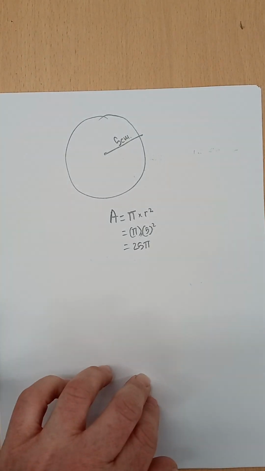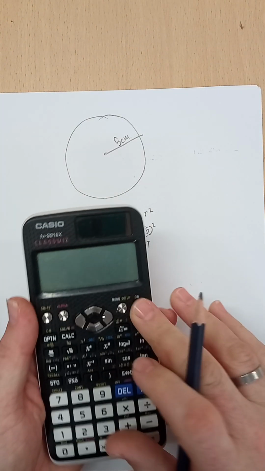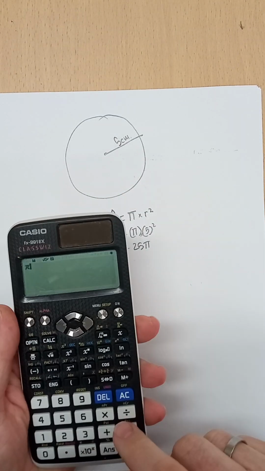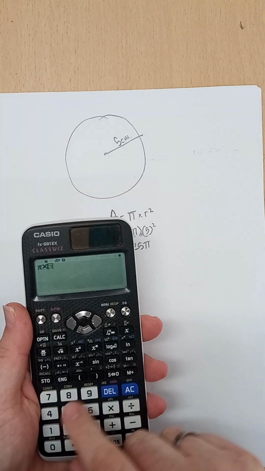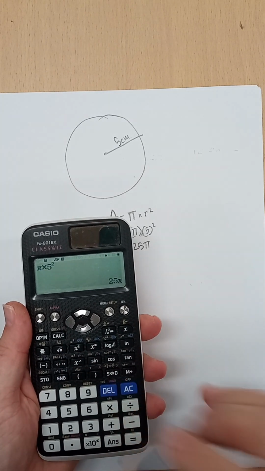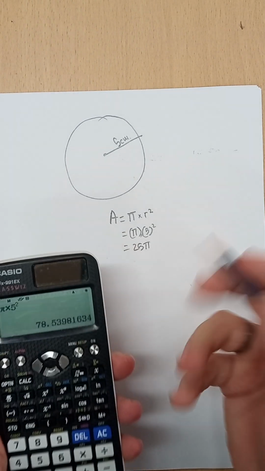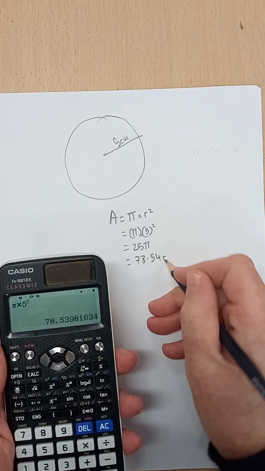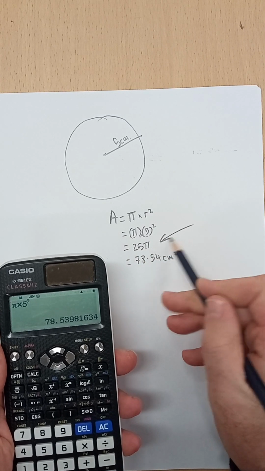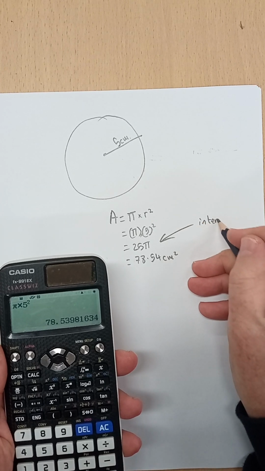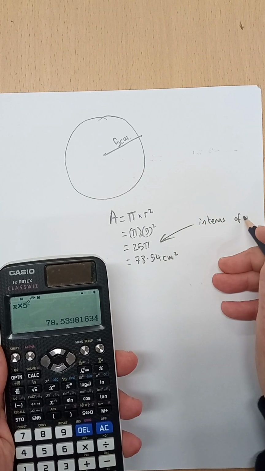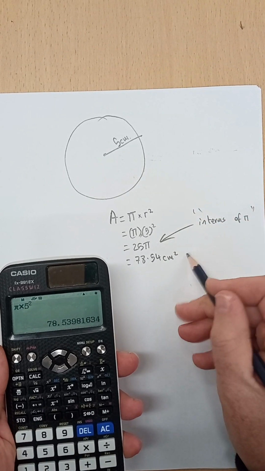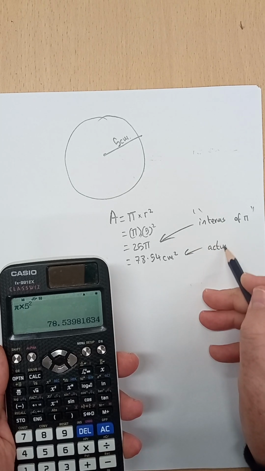If you don't use a calculator, that's the first answer that should appear. So look, pi multiplied by 5 squared is 25 pi, and then I can change it and I get an actual answer, which is 78.54 to 2 decimal places. Now, sometimes they want you in terms of pi, and sometimes they want the actual answer.